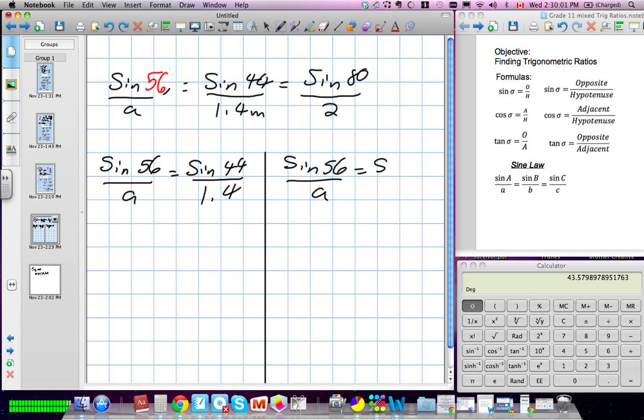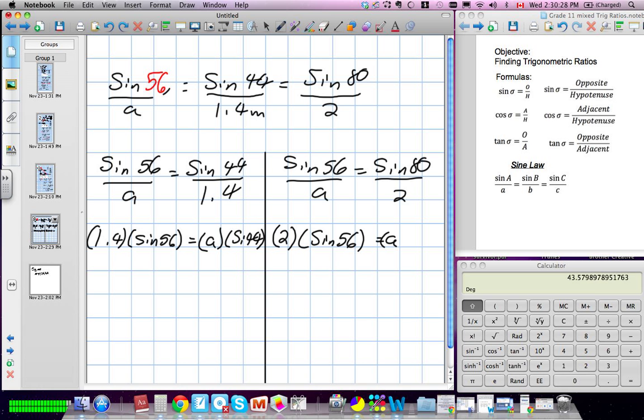I'm going to move through this quickly. We would cross multiply, so I get 1.4 times sine 56 equals A times sine 44. And on this we'd get 2 times sine 56 equals A sine 80.